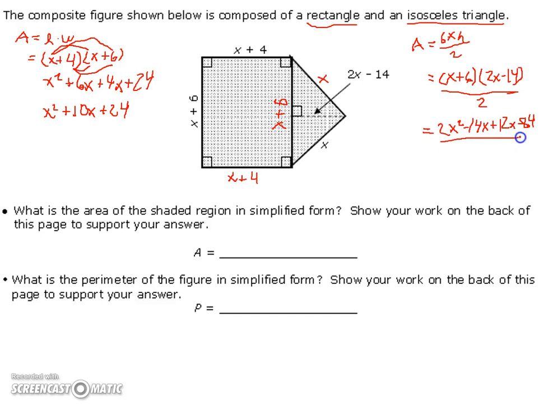Alright, and so I would probably combine my like terms next. On the top, we got negative 14x and a 12x. So that's going to be 2x squared, minus 2x rather, minus 84.